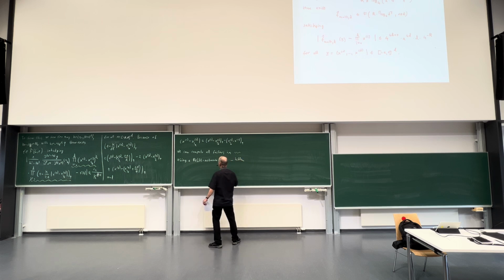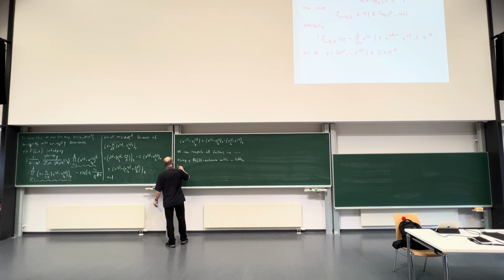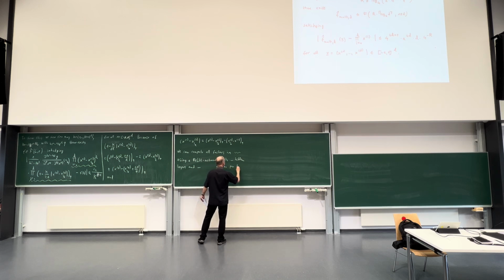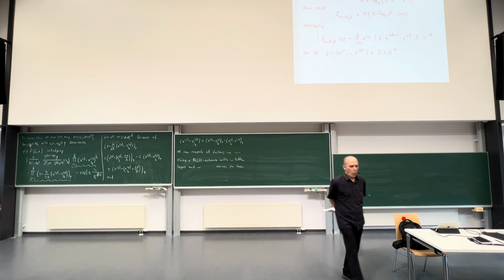How many hidden layers? And how many neurons per layer? What do you think?